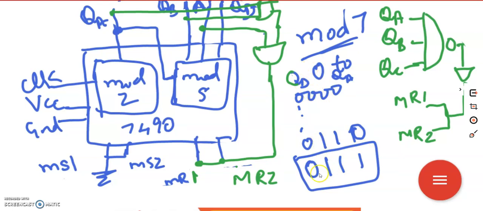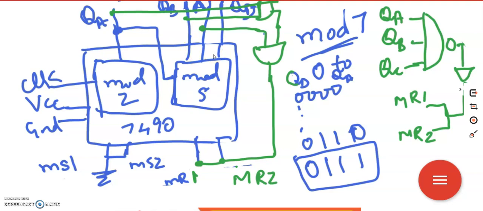We can just reset MR2, still we are able to do it. Or else, when it is mod 4, mod 3, something like that, we may skip using this mod 2. Instead of providing the clock to this and then the output of this being a clock for the next stage, we can just discard this mod 2 and directly provide the clock to mod 5 and make this work like a mod 3, mod 4.